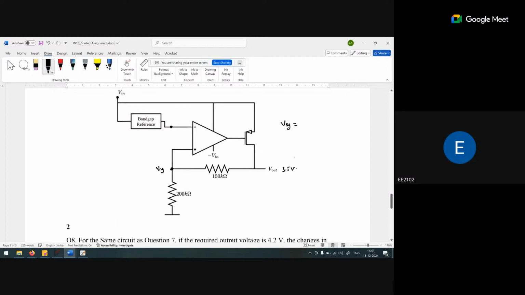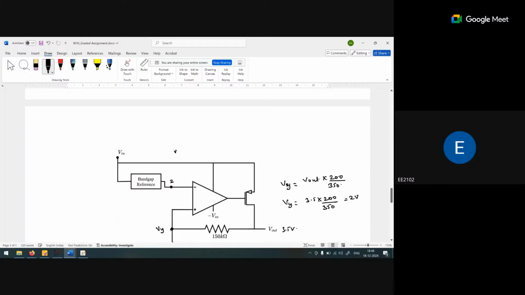So Vy is V out times 200 divided by 350, the addition of these two resistors. Vy is 3.5 times 200 upon 350, so it becomes 2 volt. That means the band gap reference voltage is 2 volt.